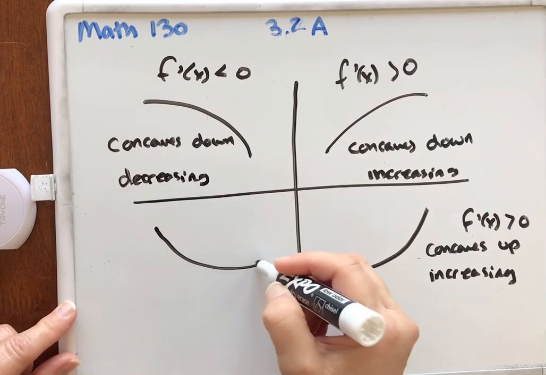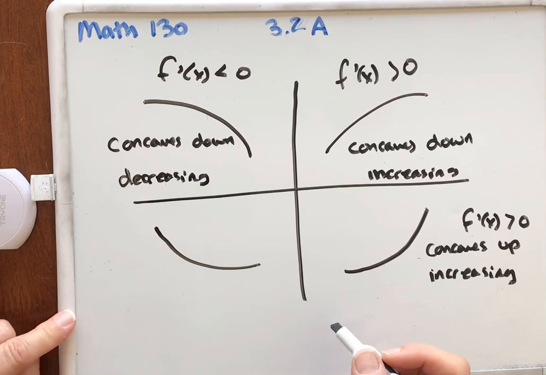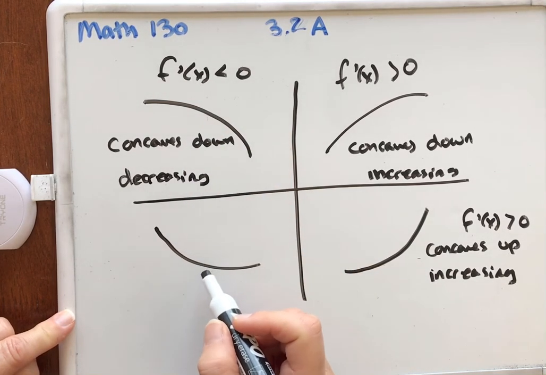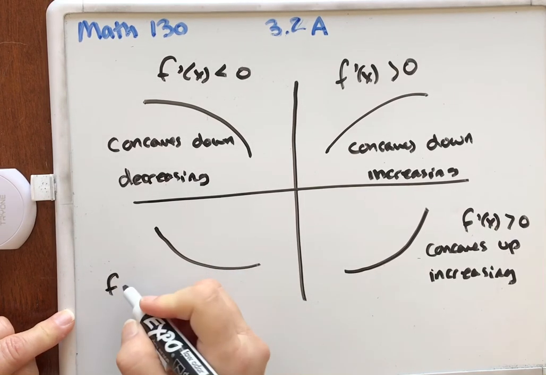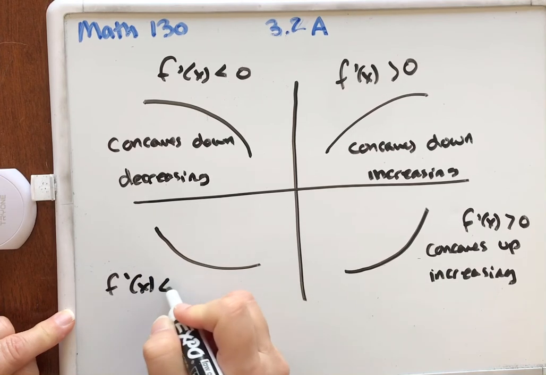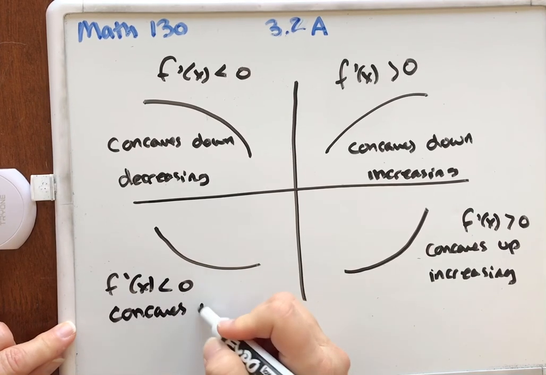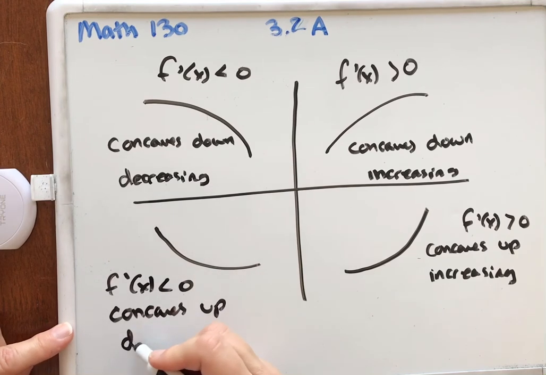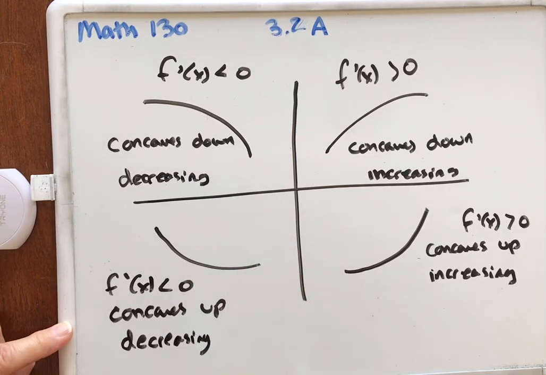All right, the last one. Okay, f prime of x, still less than 0, right? It's still going this way, which is decreasing. This concaves up. And it is also decreasing, because as we move from left to right, y gets smaller and smaller.